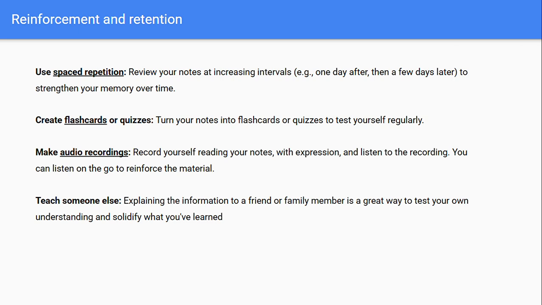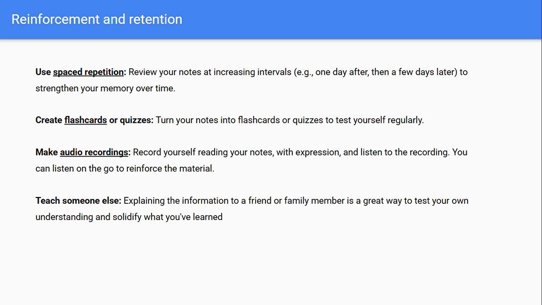Create flashcards or quizzes. So flashcards is a good way to help you remember the information, because you will write down the definition on one side and the term on the other.